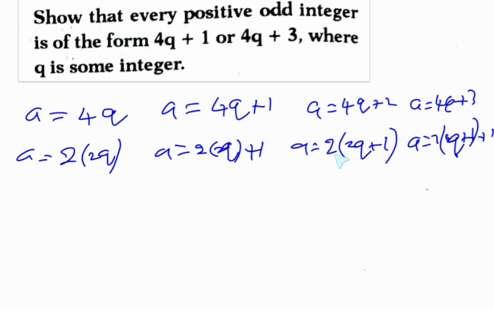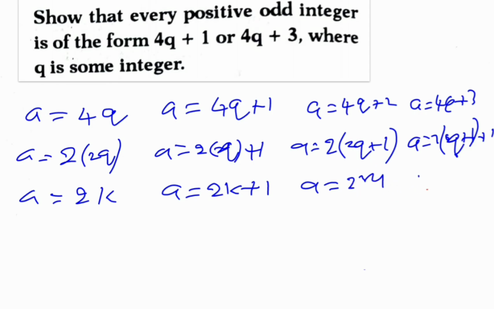So if 2q is equal to k, then 2k, and here a is equal to 2k plus 1. Now here 2q plus 1 equal to m, this is 2m, and a is equal to m plus 1.